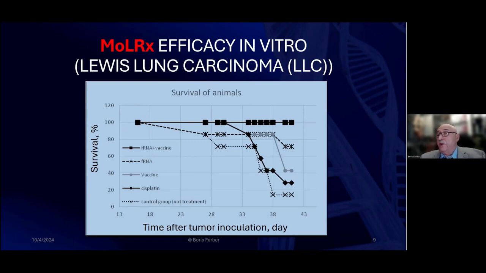MolRx outperformed other tested anti-cancer drugs. For instance, if you look at cisplatin, which we use today, its rate is about 27%. This result highlights MolRx's potential as a promising strategy for enhancing cancer therapy, a powerful approach to improving cancer treatment outcomes, potentially overcoming the limitations of traditional therapies.